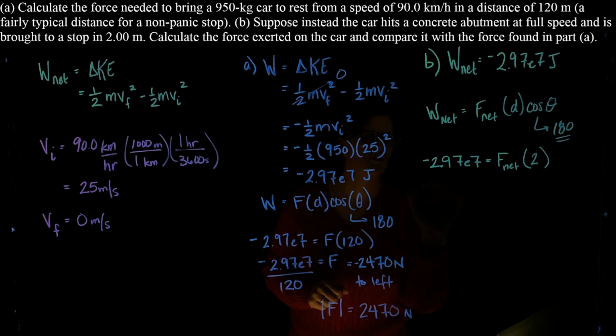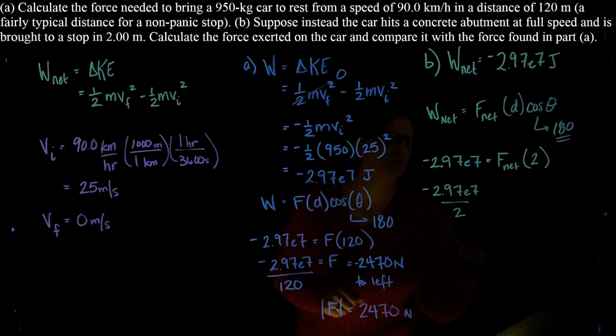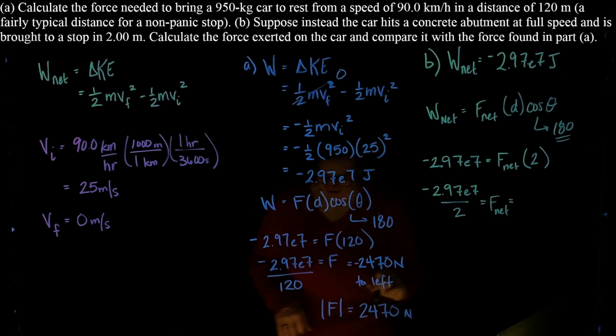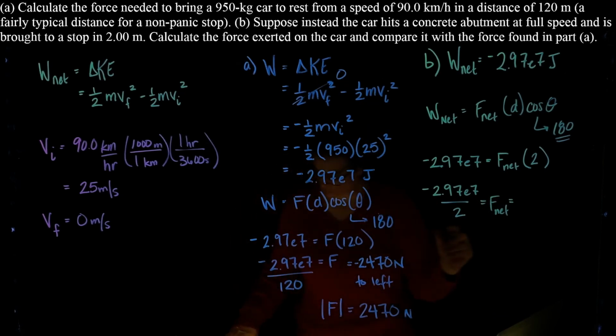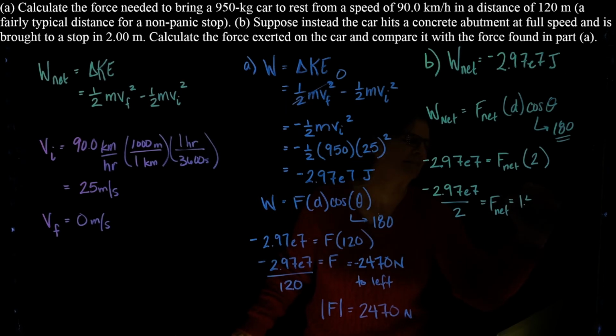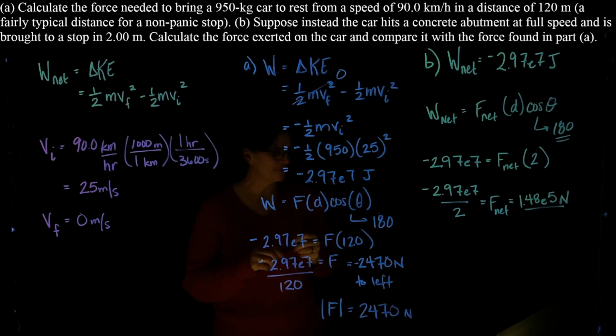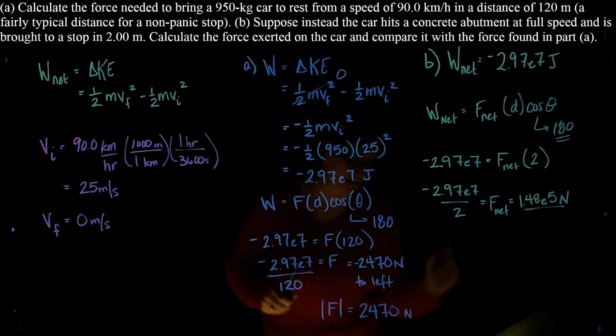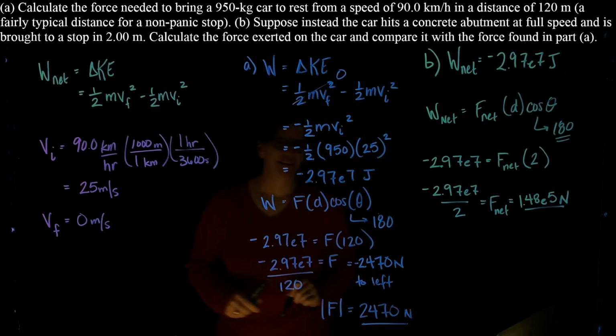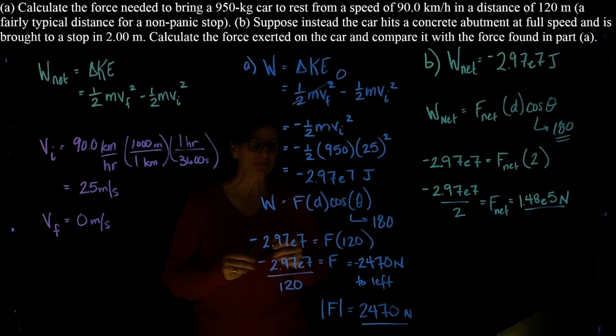So minus 2.97 times 10 to the 7th divided by 2 is equal to my net force, which if I calculate that is equal to 1.48 times 10 to the 5th newtons. Really big force, 1.48 times 10 to the 5th newtons. All right, well, what's the ratio of those two?